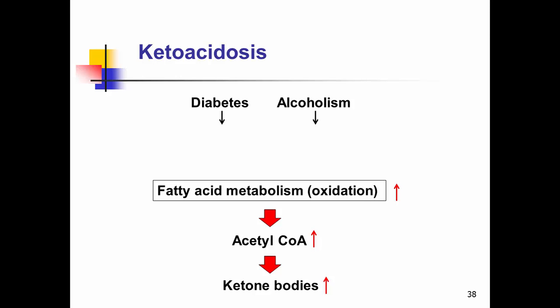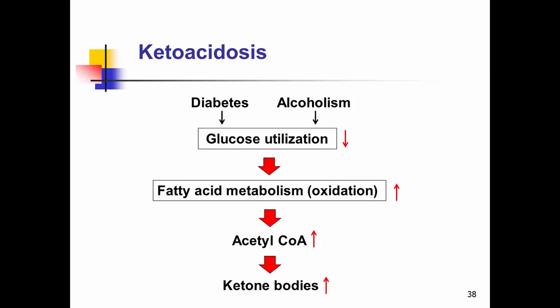That pushes cells to utilize an alternative fuel, fatty acids. So decreased glucose utilization is the main reason for increased fatty acid oxidation and increased availability of acetyl-CoA, the substrate for ketone bodies.